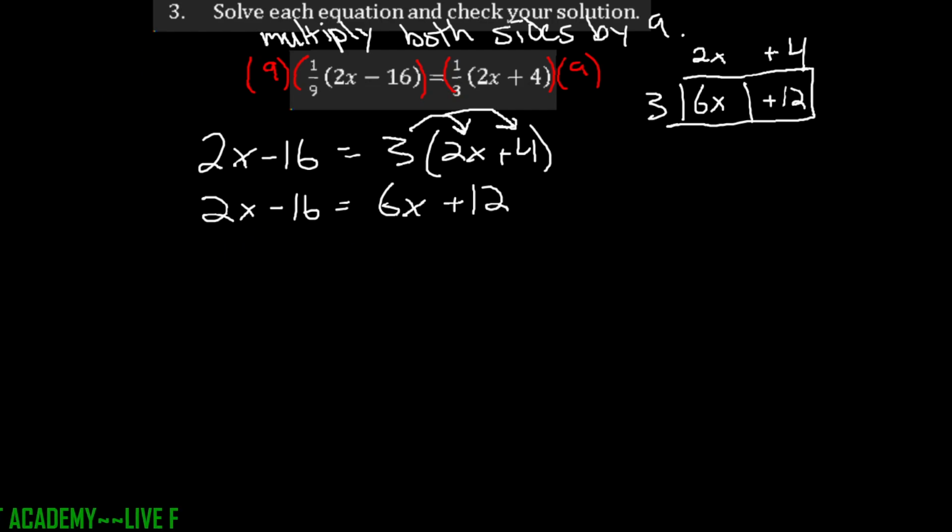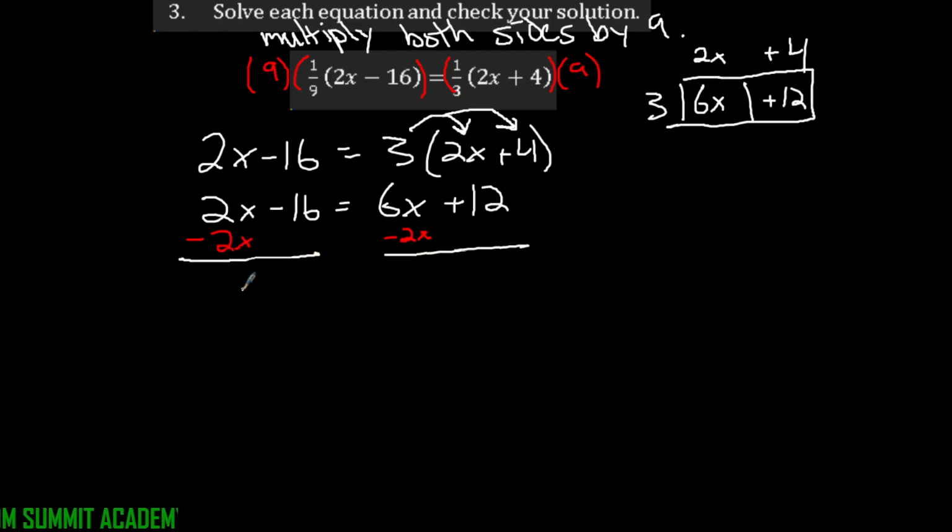Now we can say, all right, well, which one's the lower coefficient? Since I have variables on both sides, I have a 2x and I have a 6x. I can get rid of that 2x by subtracting it. So subtract 2x from both sides. There we go. So I have negative 16 equals 4x plus 12.